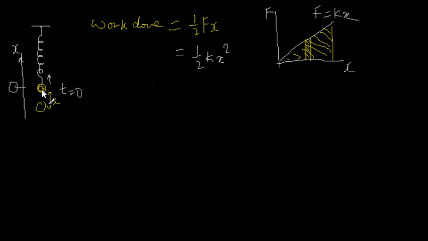When I pull it out to this distance x, the work is stored in the spring. This stored energy, which gives the kinetic energy once I let go, is called potential energy. In the case of the spring, it is called elastic potential energy, and that's half kx squared.